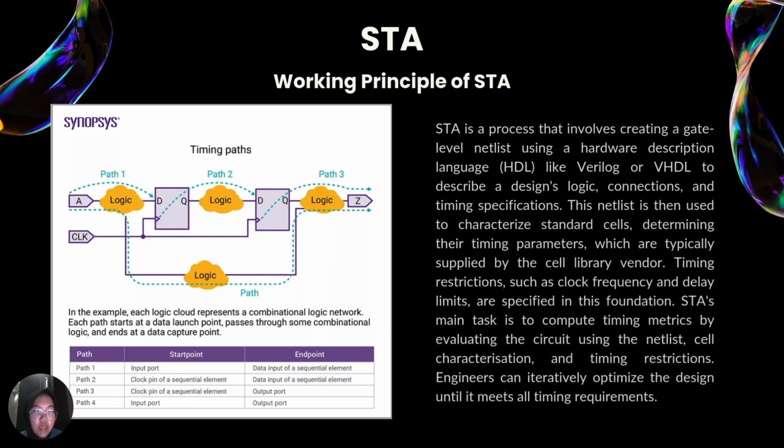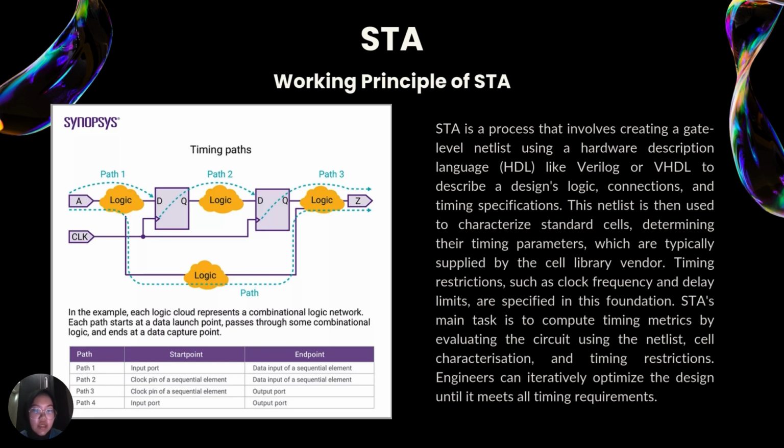The working principle of STA is a process that involves creating a gate-level netlist using a hardware description language, HDL, like Verilog or VHDL, to describe a design's logic, connections, and timing specifications. This netlist is then used to characterize standard cells, determining their timing parameters, which are typically supplied by the cell library vendor.